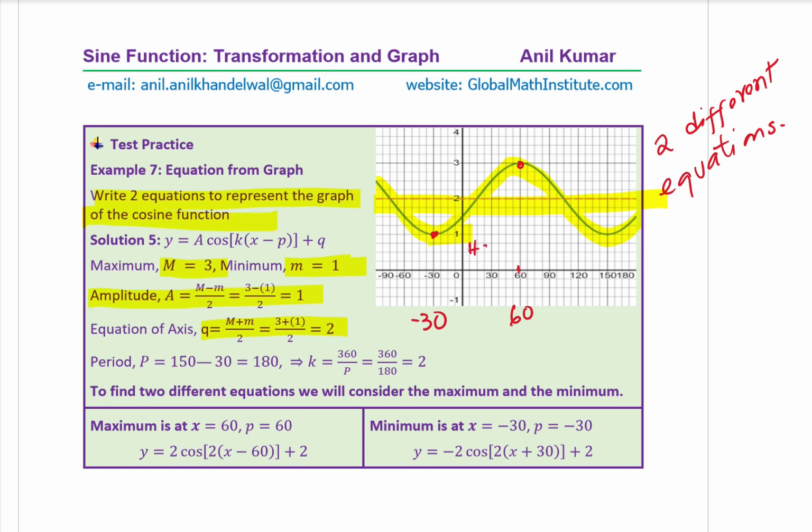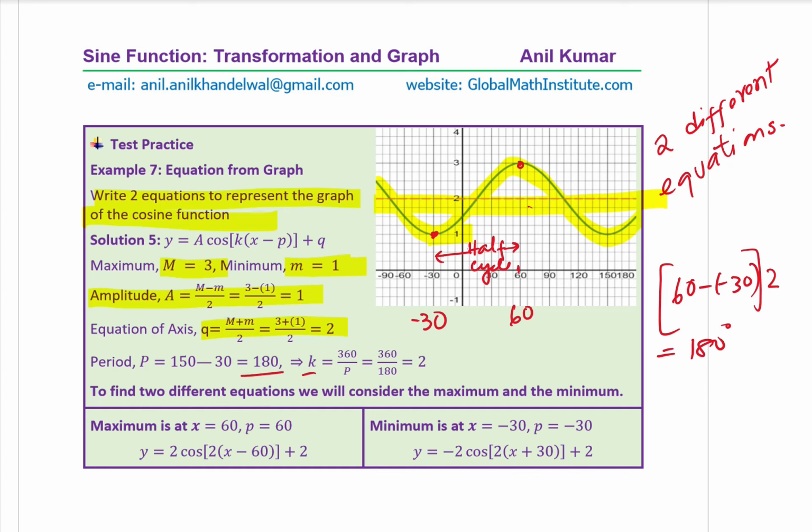So we'll double this up. In this case, it will be 60 minus minus 30, times 2, to get the period. Which gives us 180 degrees, right? So it is 180 degrees, which is the period for us.